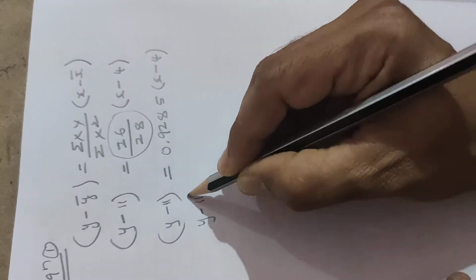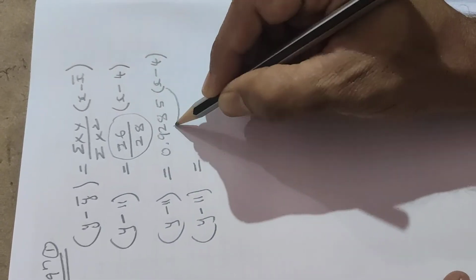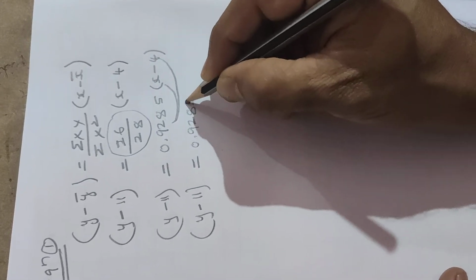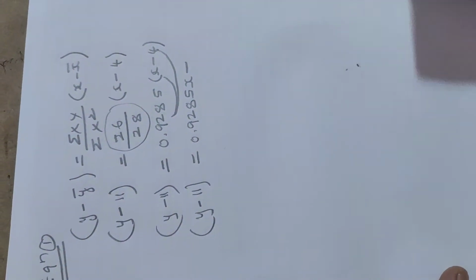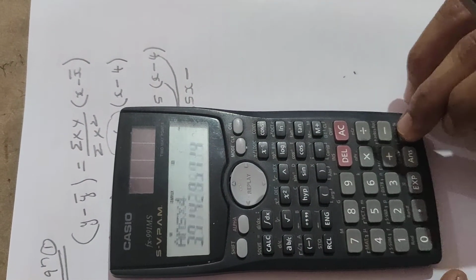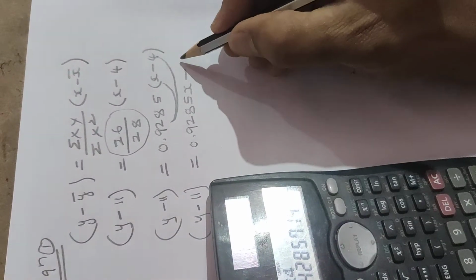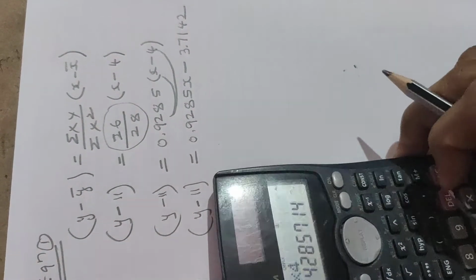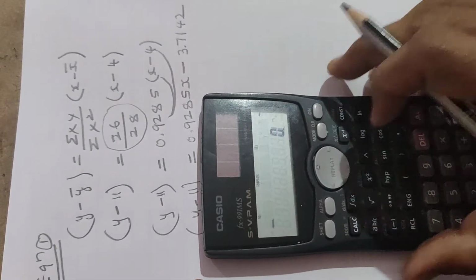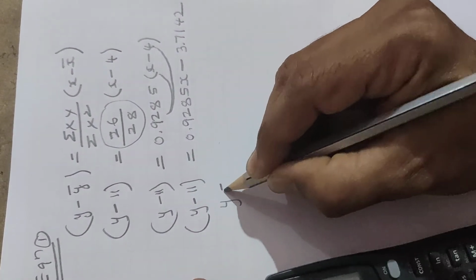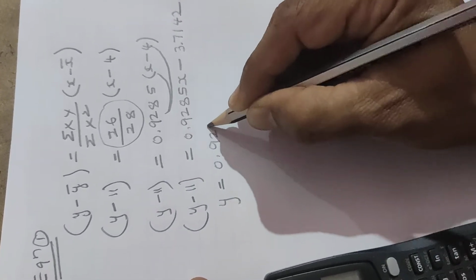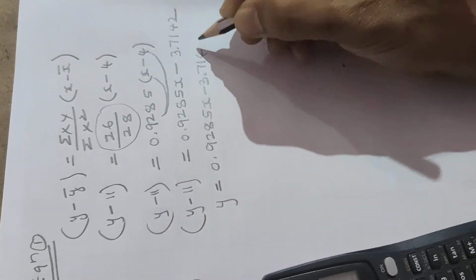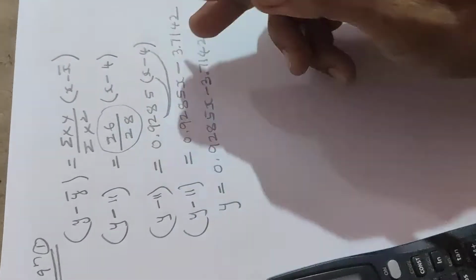So y minus 11 is equal to, I'll multiply this inside the bracket, 0.9285x minus 0.9285 into 4. So that I'll get as 3.7142. Right. Now y I want, so y is equal to 0.9285x minus 3.7142 plus 11. This I'll shift to that side.